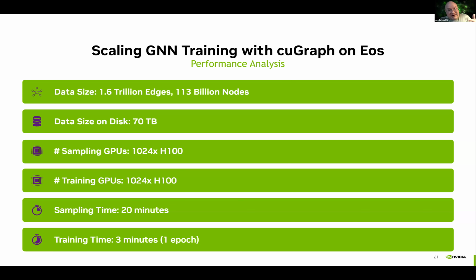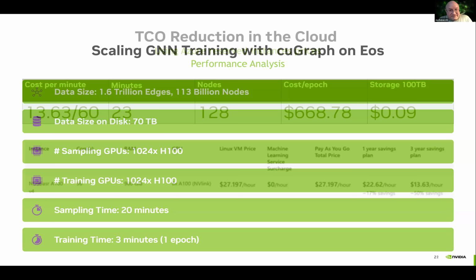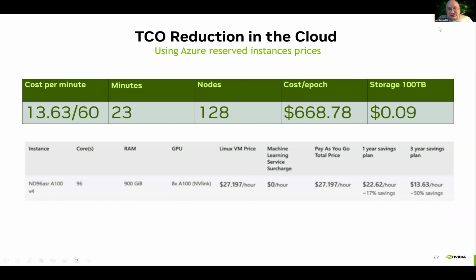Relatively speaking, what can I do with that in the cloud, right? So in the cloud, say I'm on Azure, I can rent GPUs for a certain price per minute. I need about 128 nodes for 23 minutes. The cost to rent a system to do this would be about $668 per epoch, plus storage.